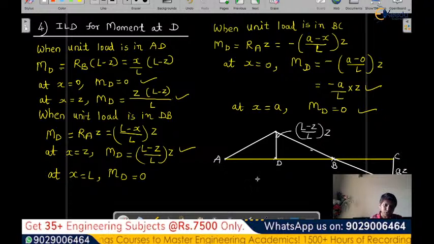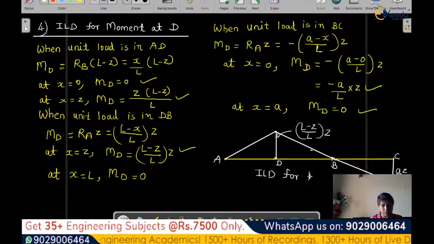So this is the influence line diagram for MD. So we have solved the fourth point.